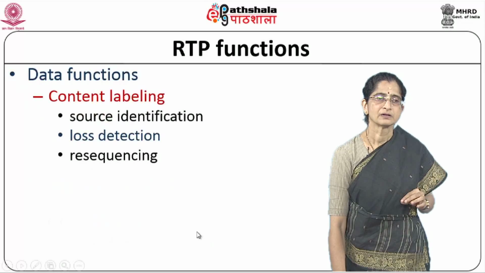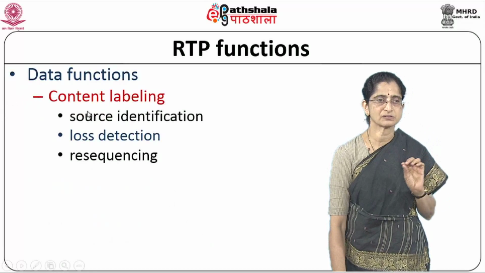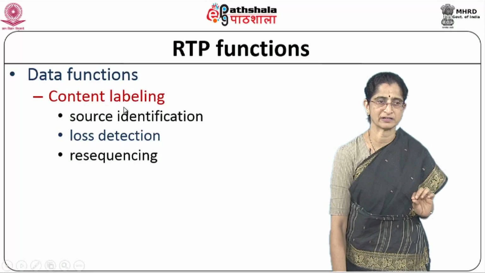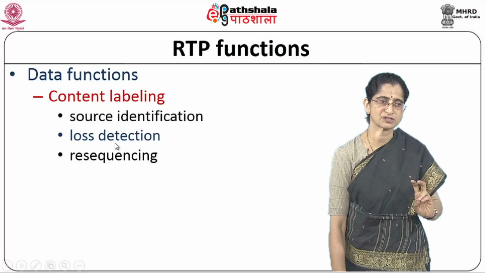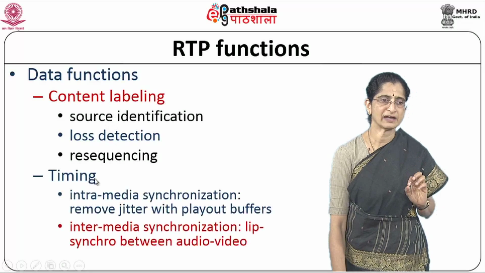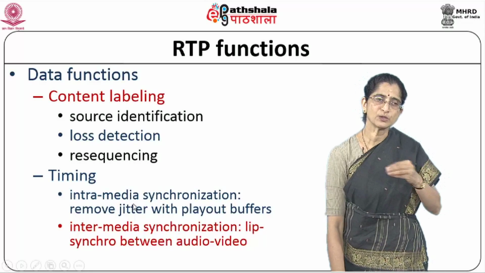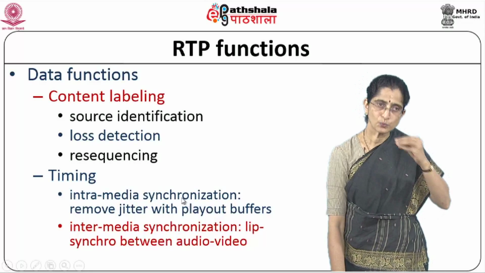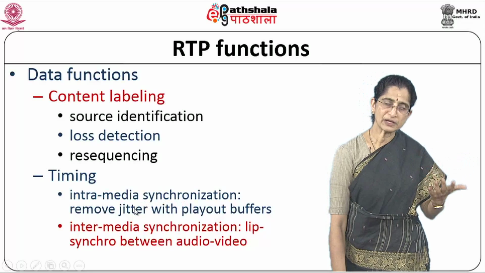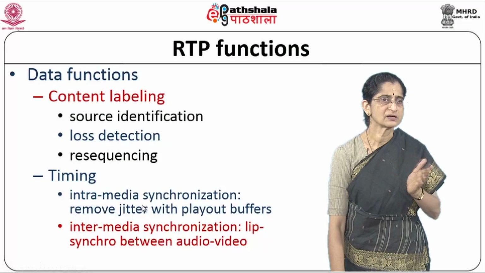Okay. So, the functions, if you look at them, you have data functions which basically talk about labeling the content. So, you have source identification, loss detection, and resequencing. And then you have timing related information. With the timing related information that is available, you can do intra-media synchronization, that is within a media stream. You could have, for instance, problems like jitter, right. Jitter, remember, is variation in delay.